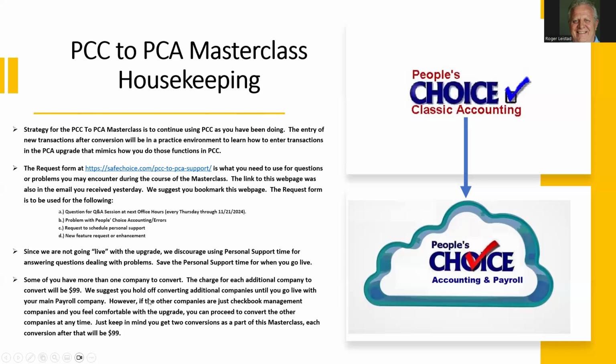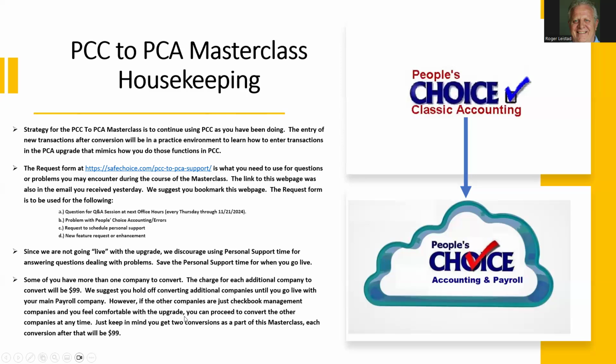Many of the people that took the class last year, and I'll be honest with some of the people in the group, you have more than one company to convert. We are going to be charging an additional charge for each company to convert. You get two conversions with the class: one, as we mentioned, for practice and one to go live. But you do have the option, if you decide you can go live right out of the gate, to use your second conversion for another company, such as your personal books.